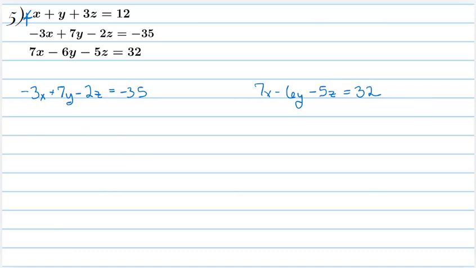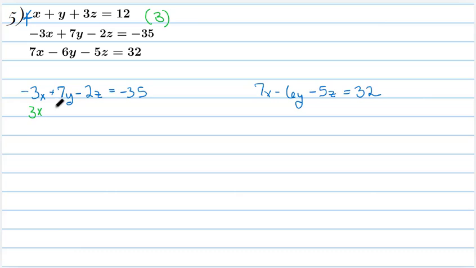Now let's figure out, what do I need to multiply the first equation by in order to cancel out my x's? So if I'm trying to cancel out a -3, I would need to multiply this equation by 3. So that means I hit every single thing inside here. So x times 3 is 3x.